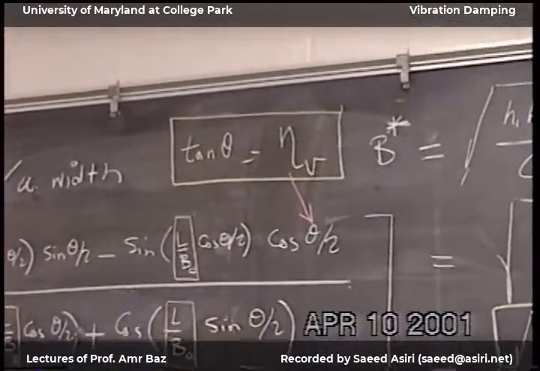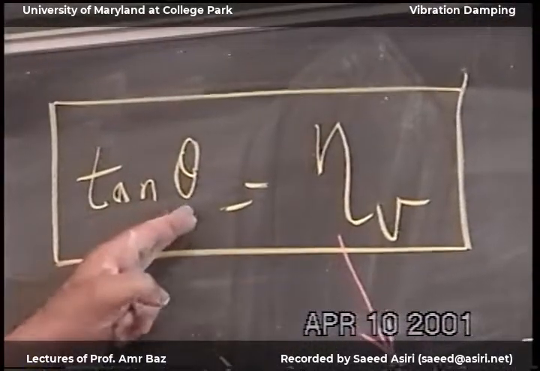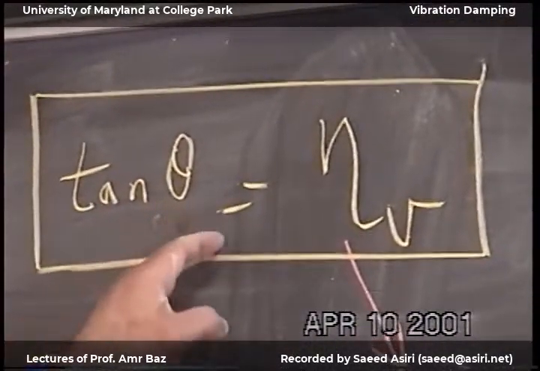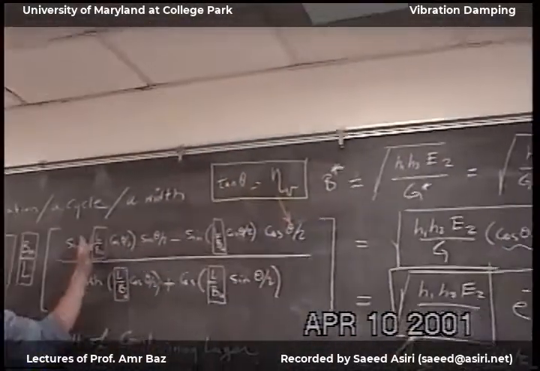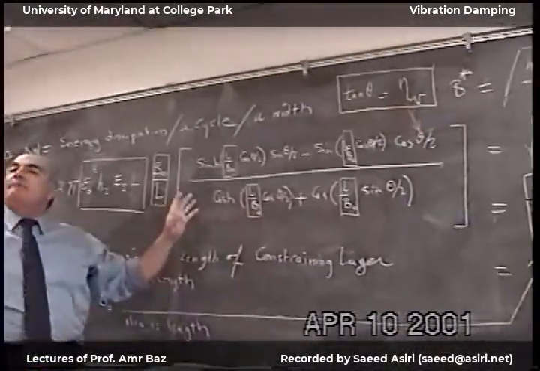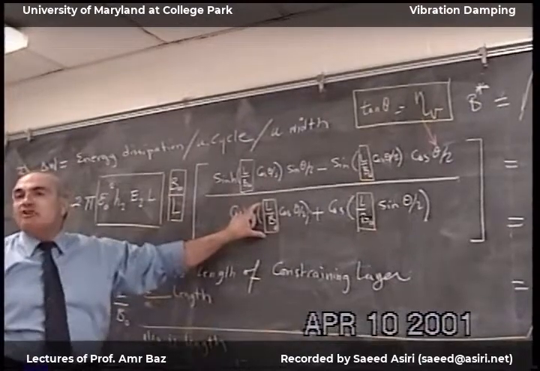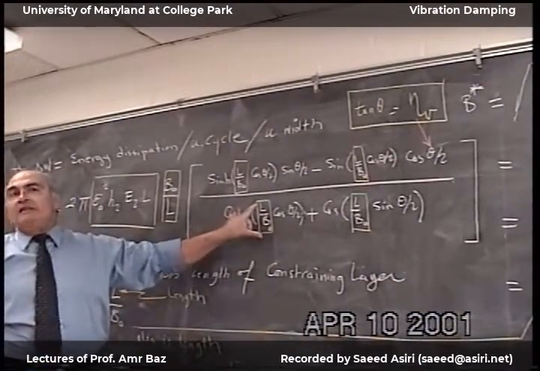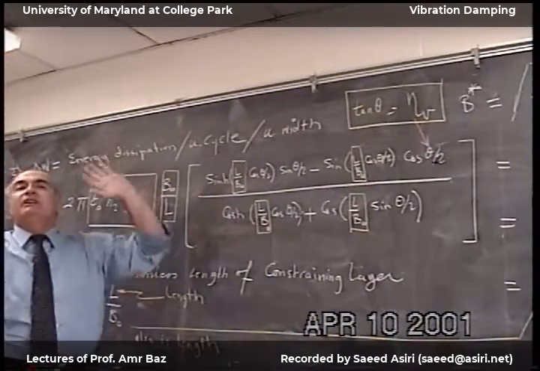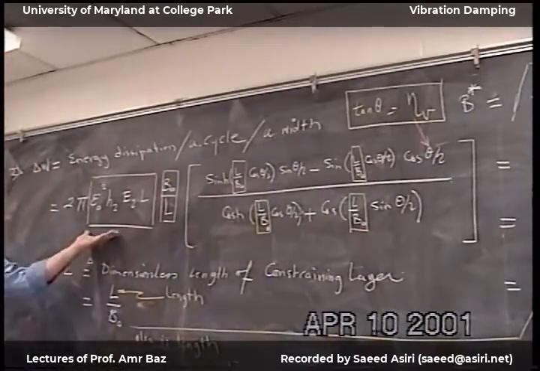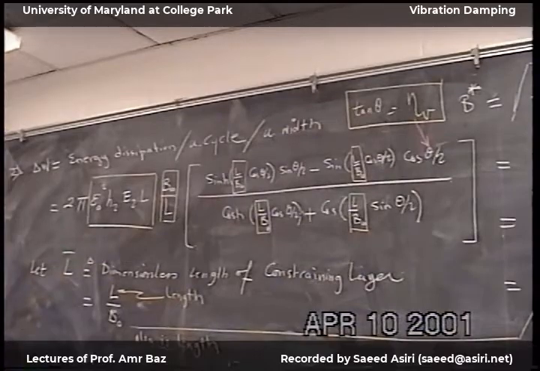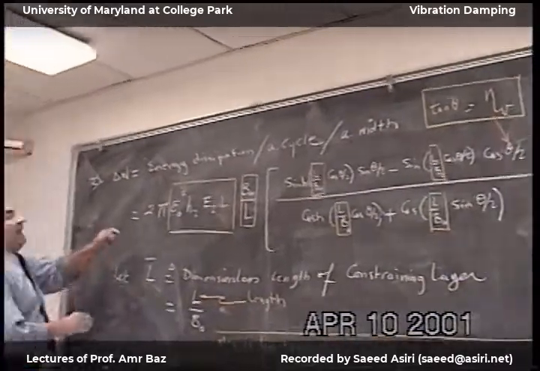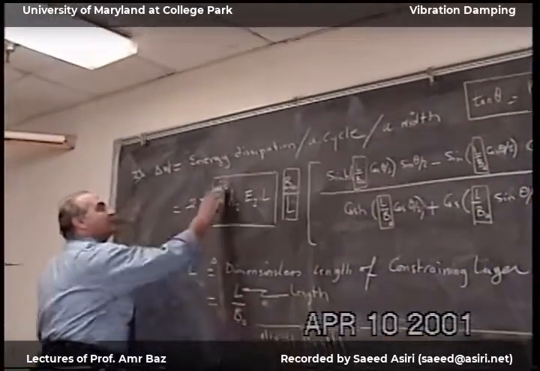So for a given material, this theta is known. So everything is known inside the brackets in terms of the theta and the dimensionless length of the viscoelastic constraining layer. Now if you look at the term here, I can rewrite it like this.